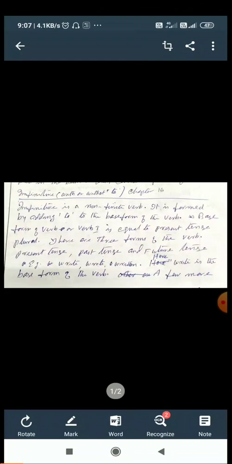Infinitive is formed by adding to to the base form of the verb. I already taught you what the base form of the verb is. Again I am telling: there are three forms, present tense, past tense, past participle. Write, wrote, written.